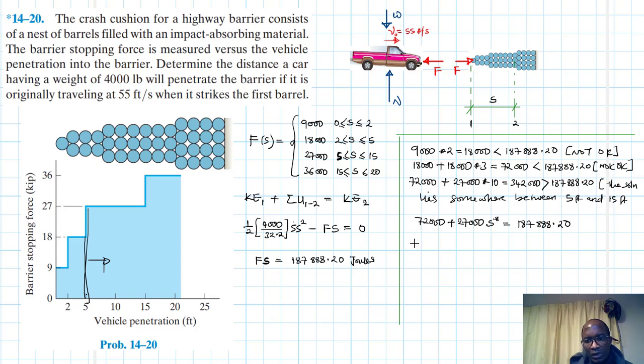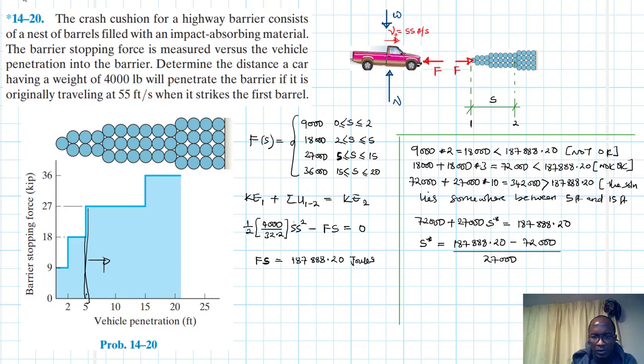At this stage, we'll make S star the subject of the formula. So this will just be equal to 187,888.20 minus 72,000, then we are dividing this by 27,000.